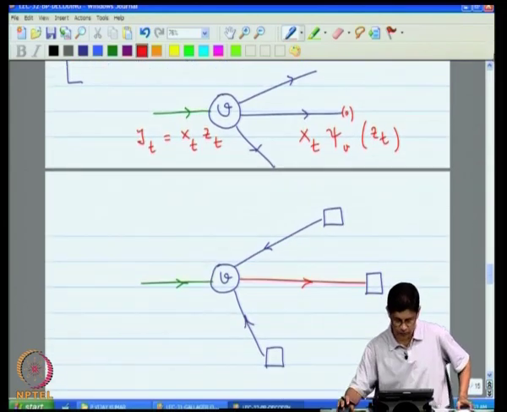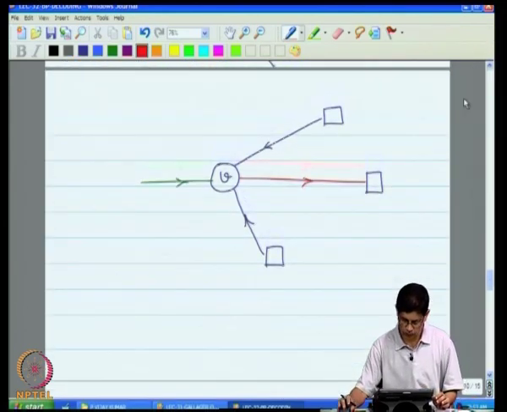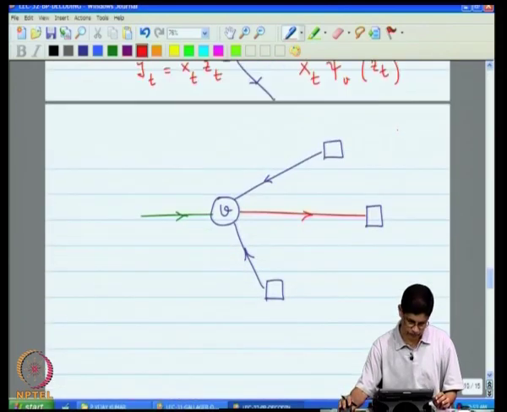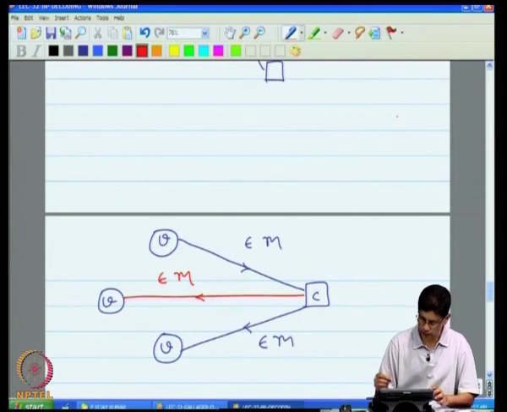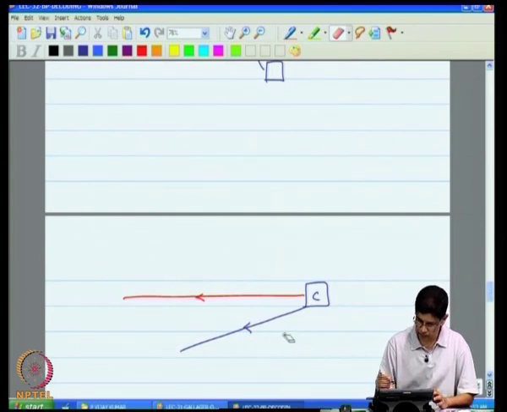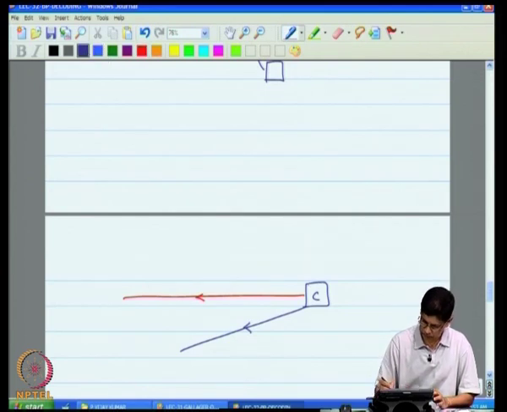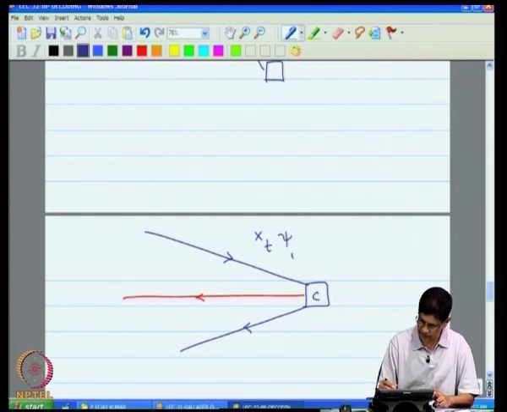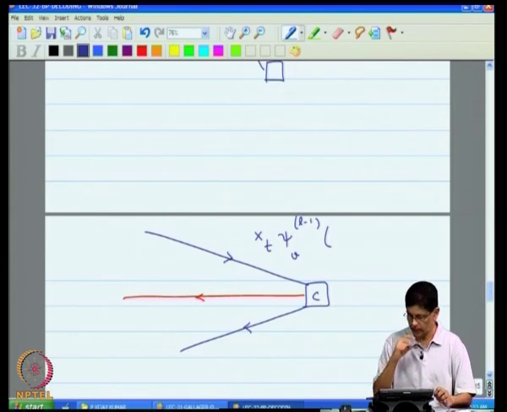Now, keep that in mind. So, now when we go to a check node, keep in mind that the messages that are coming in are in general xt times psi sub v of l minus 1 times the messages that they would have got otherwise.